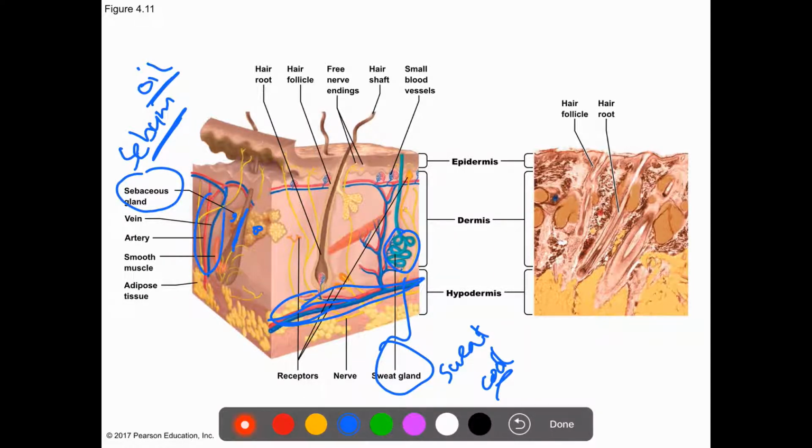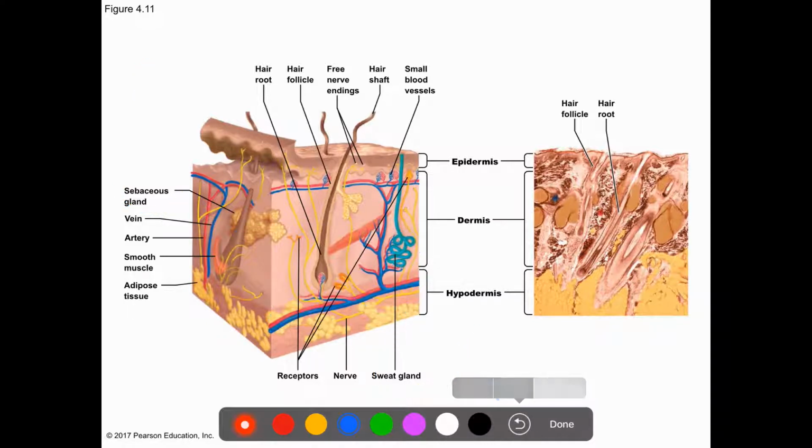These blood vessels bring nutrients to the skin and take away wastes. Also, we have different types of receptors and nerve supplies. All of these yellow lines are nerve supplies that are connected to the receptors.